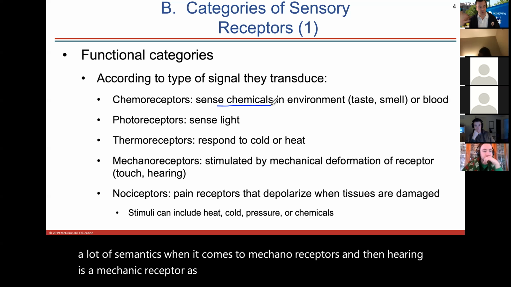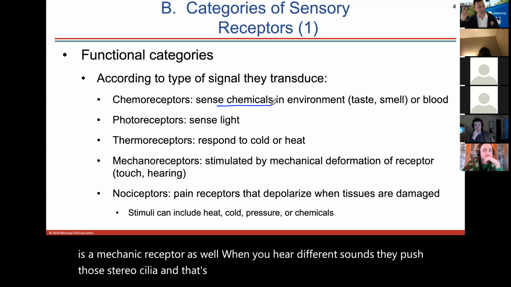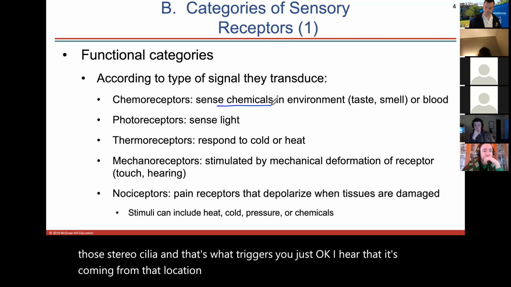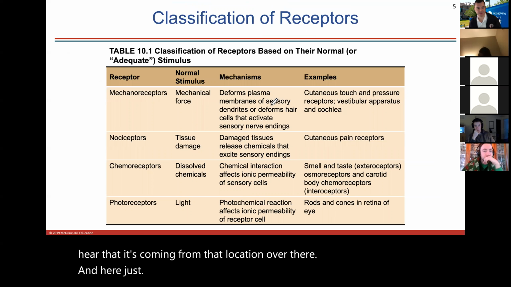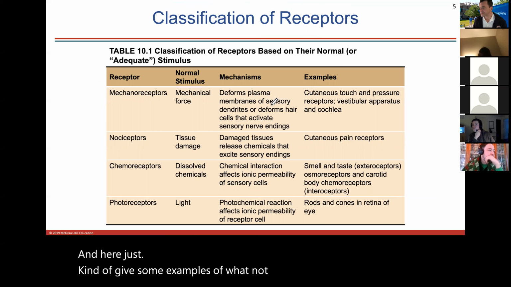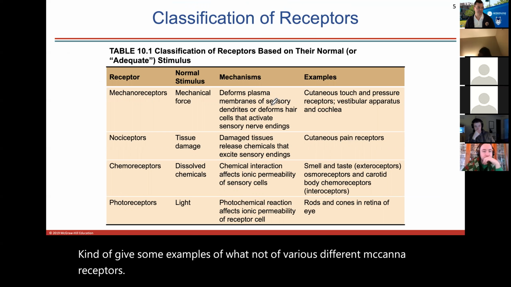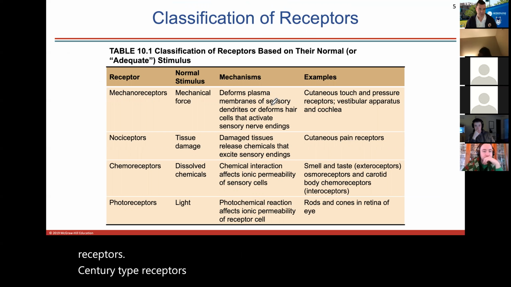When you hear different sounds, they push those stereocilia, and that's what triggers you to recognize, okay, I hear that, it's coming from that location over there. And here are some examples of various different mechanoreceptors, sensory type receptors. It should be a nice quick, dirty review of anatomy.